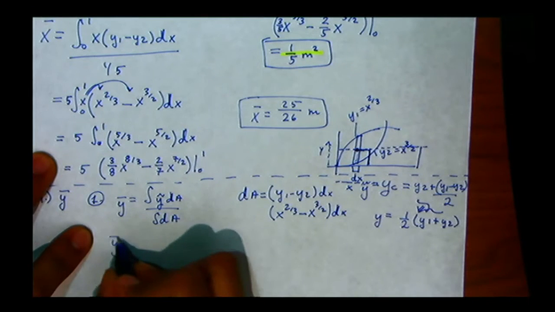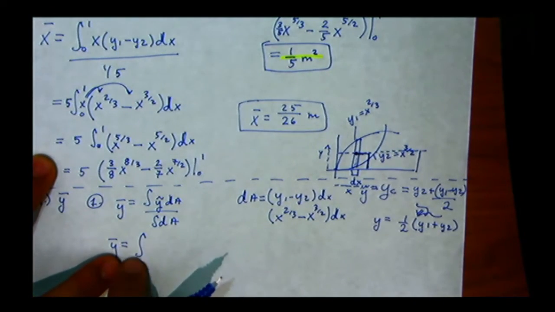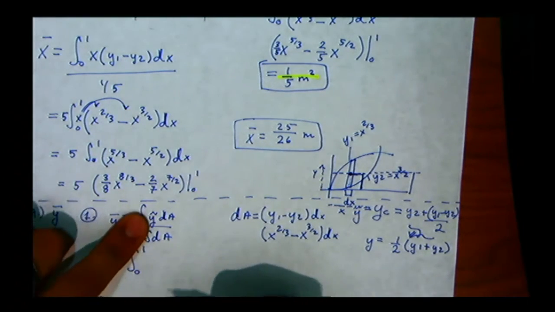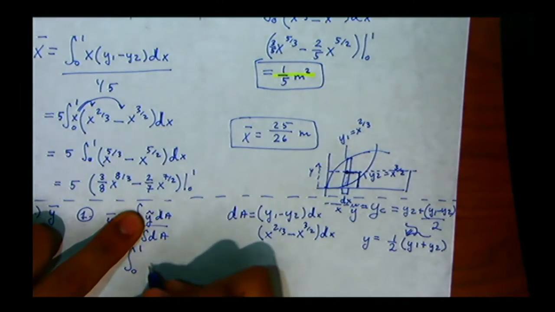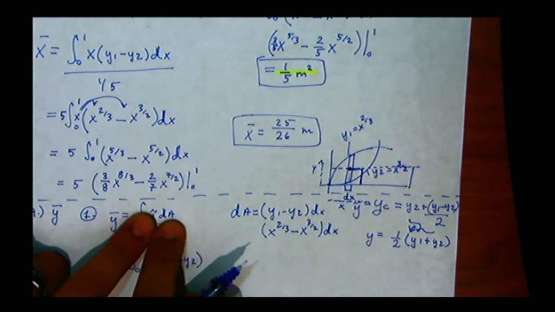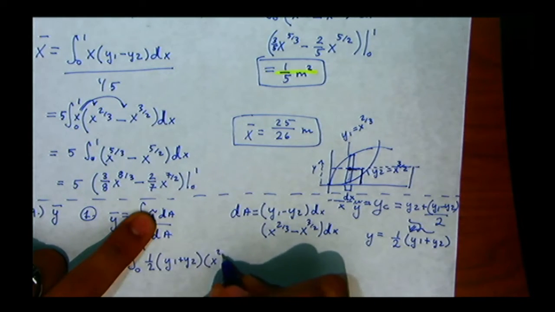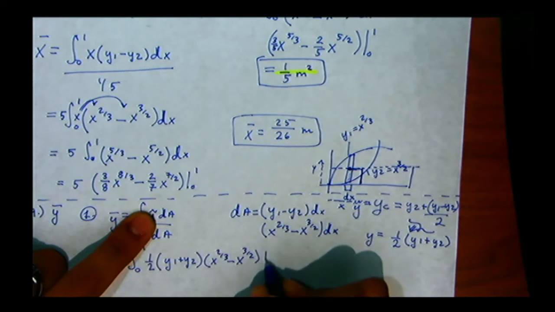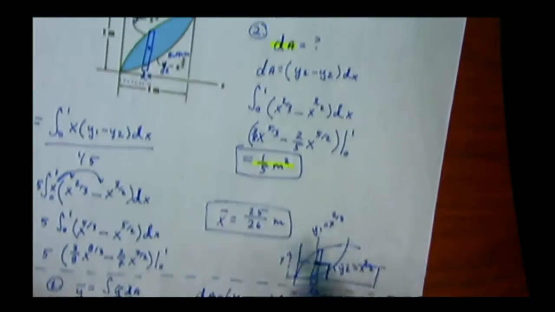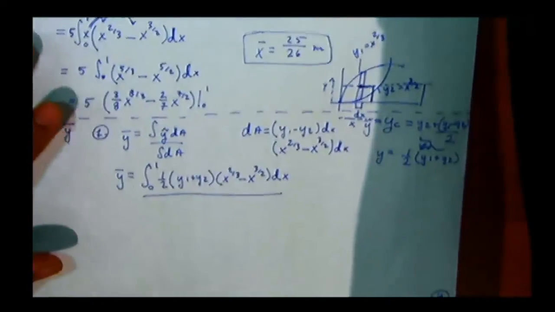So our y is now this, half of y1 plus y2. And our dA, x^(2/3) minus x^(3/2) dx over the integral over dA. And we know, since we're integrating 0 to 1, which we already did up here, it's going to be 1/5. So I'm going to rewrite this. 5 halves are y1, x^(2/3) plus our y2, x^(3/2), times x^(2/3) minus x^(3/2) dx.